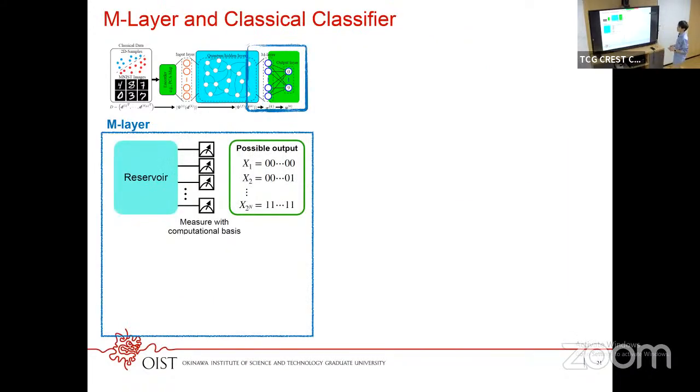Now, the final part. So we have a reservoir and we have input, and the input state is mapped to the final state by the reservoir. Then we need to measure it.